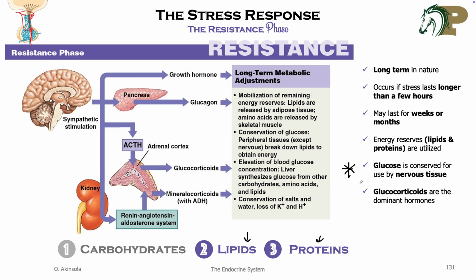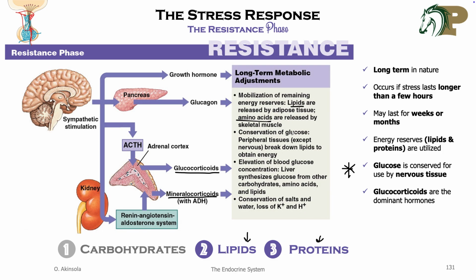Glucocorticoids are the dominant hormones in this particular phase, and that's what you see here: glucocorticoids and mineralocorticoids from the adrenal cortex, leading to that resistance phase. So, mobilization of remaining energy reserves, lipids and amino acids. Amino acids are essentially proteins.